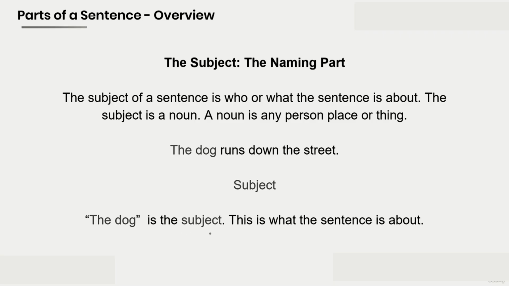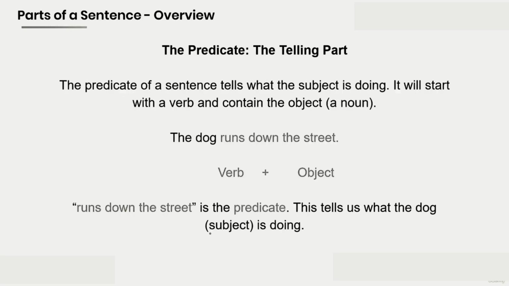Then we have the second part, which we call the predicate, okay? The predicate is the telling part. So the predicate of the sentence tells what the subject is doing. And it will normally start with a verb and contain the object, which is also a noun.